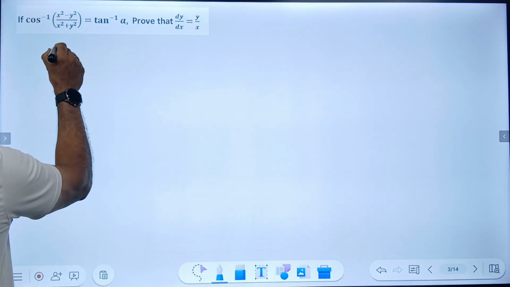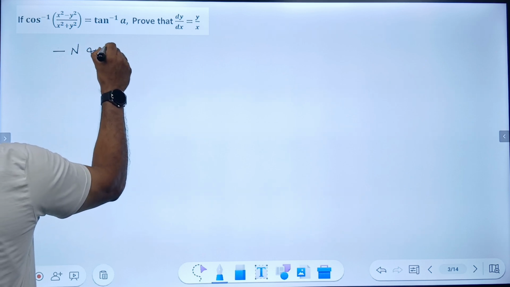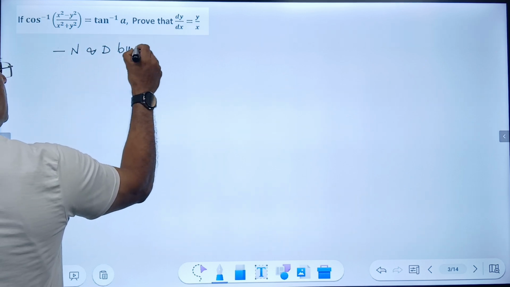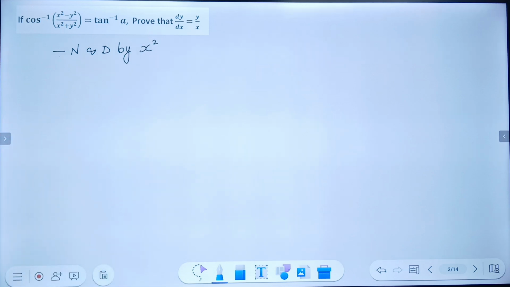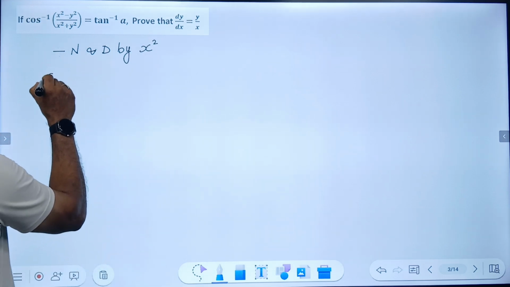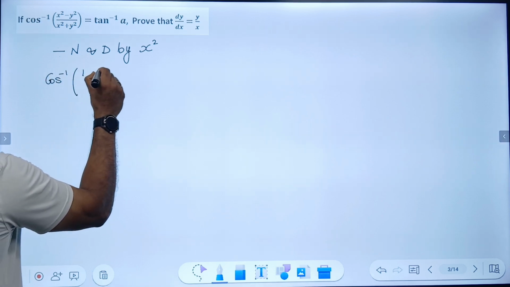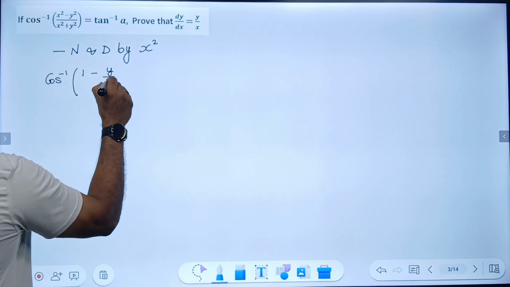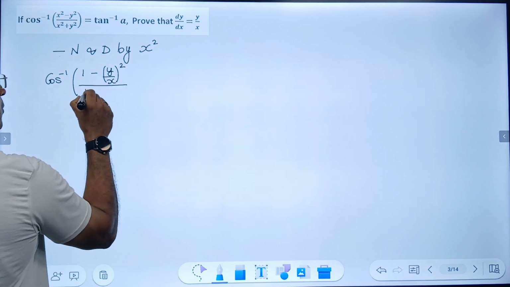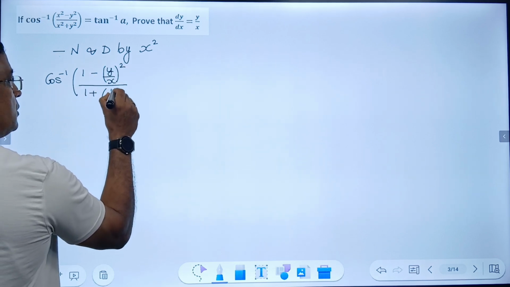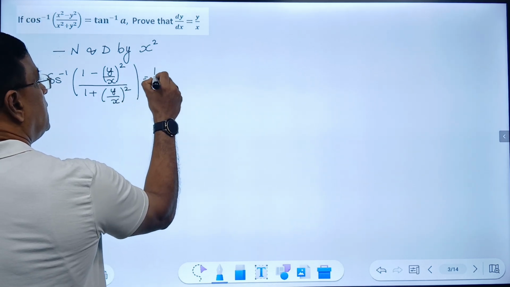So I'll divide numerator and denominator by x square. When I do that, what happens? I will get cos inverse of (1 minus (y by x) the whole square) divided by (1 plus (y by x) the whole square) equal to tan inverse of a.